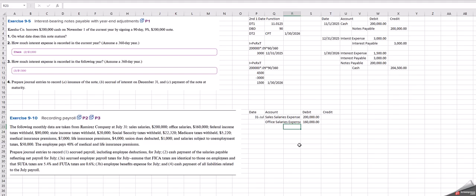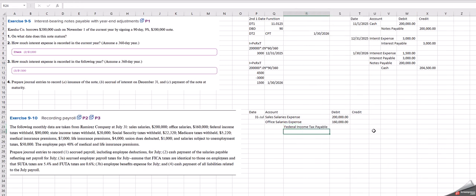Then we'll get into our withholding. So we'll have federal income tax payable, and that is $90,000. We'll have state income tax payable, and that is $20,000.